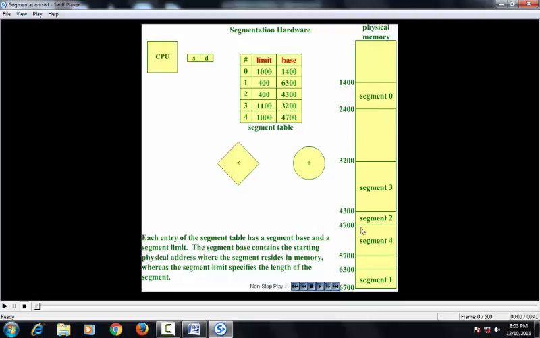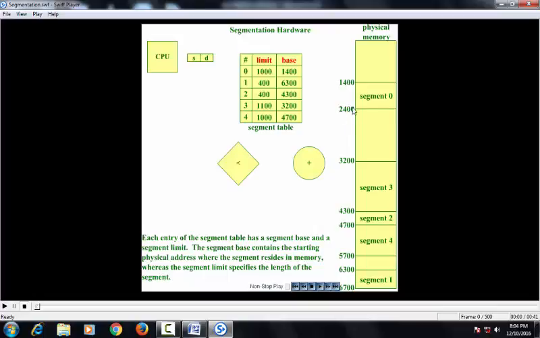Again, we have the physical entities. In the physical entities, there is a starting address of the segment. We have segment 0, segment 3, segment 2, segment 4, segment 1. As you can see here, in the physical memory, segment 0 starts from the base address 1400 and ends at 2400.